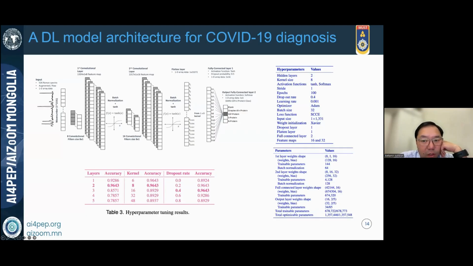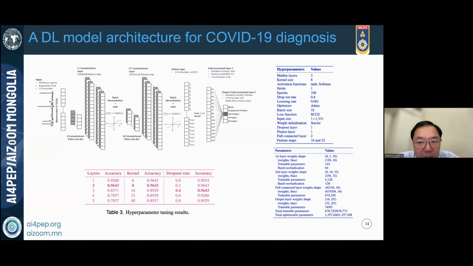The first and second convolutional layers have 16 and 32 filters, a kernel size of 8, and a stride of 1, allowing the model to scan the full spectrum and capture the fine Raman peaks.